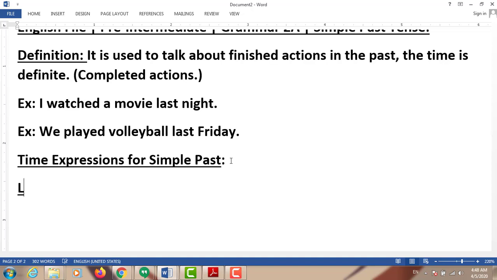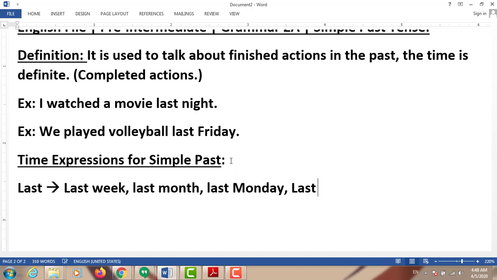One example is last. Last what? Last week, last month, last Monday, last year, last century, et cetera.